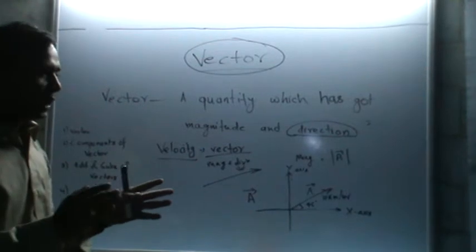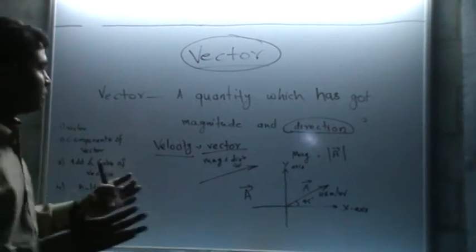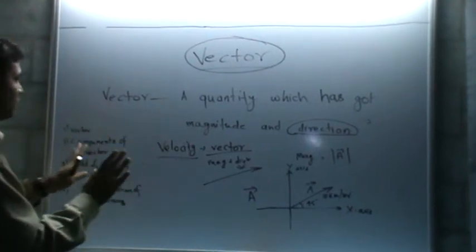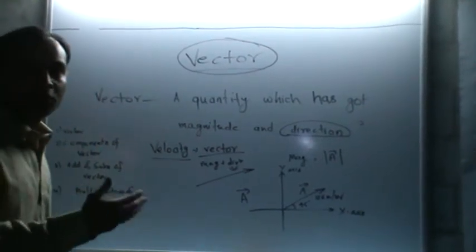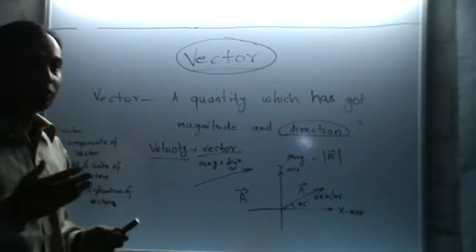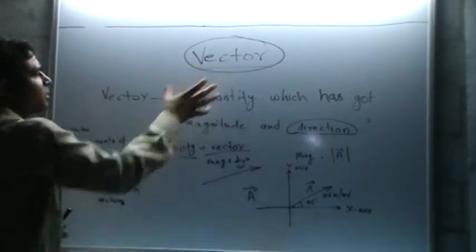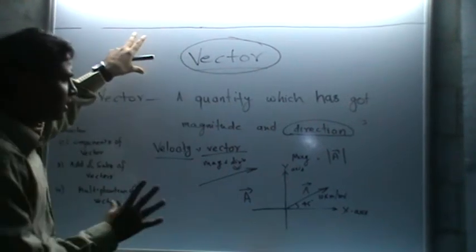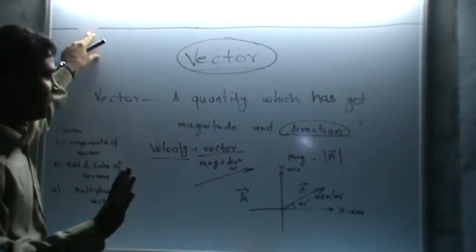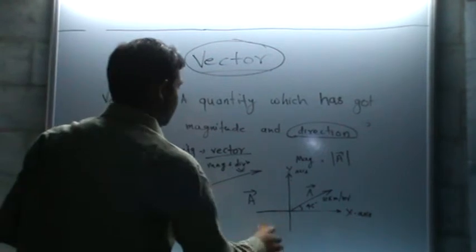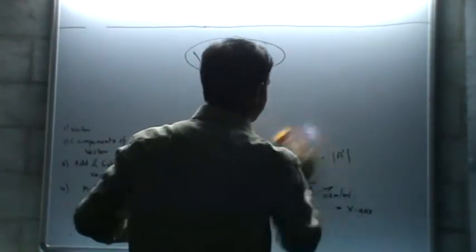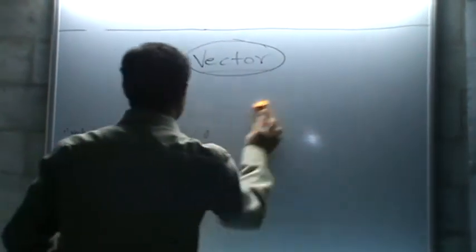You don't have to worry too much. Give yourself some time to absorb these things. After 2-3 chapters, vectors will become part of your blood. It's a very easy and simple topic.